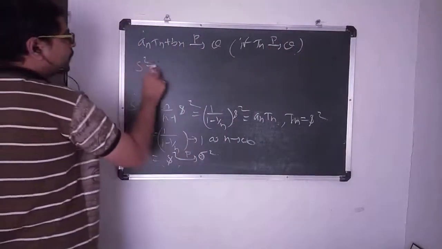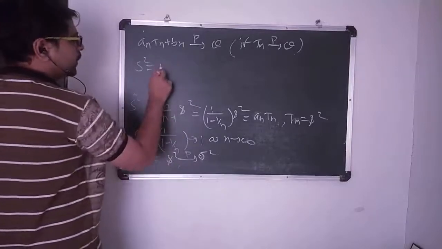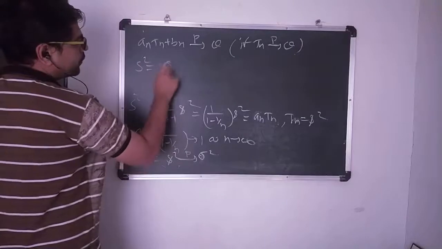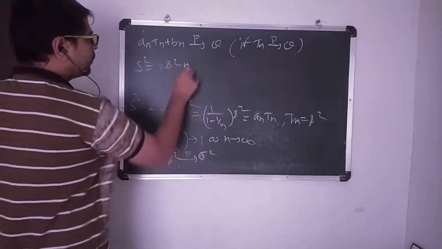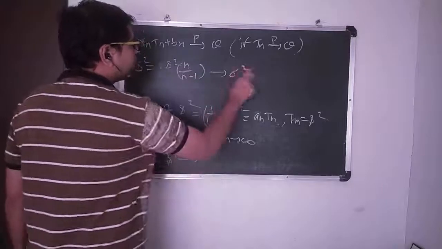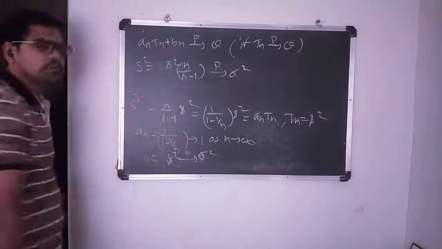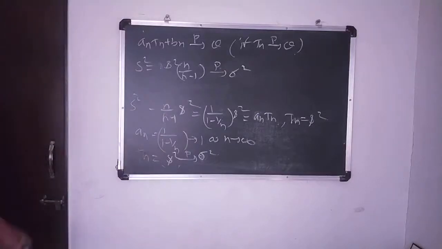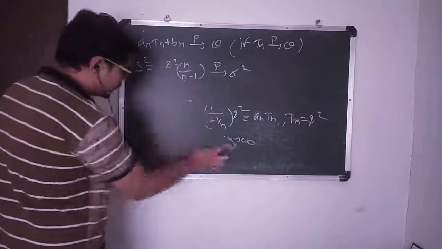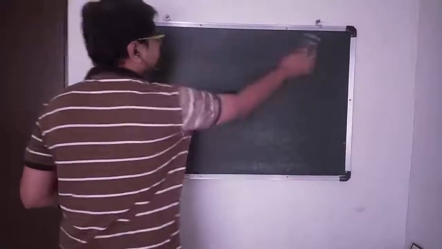So capital S square, that is small s square into n upon n minus 1, is a consistent estimator of sigma square. Since an tends to 1 and this is a consistent estimator of sigma square, we have proved. So this is the result: small s square and capital S square are both consistent estimators of sigma square.